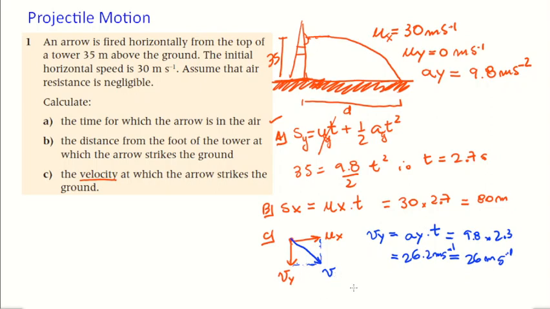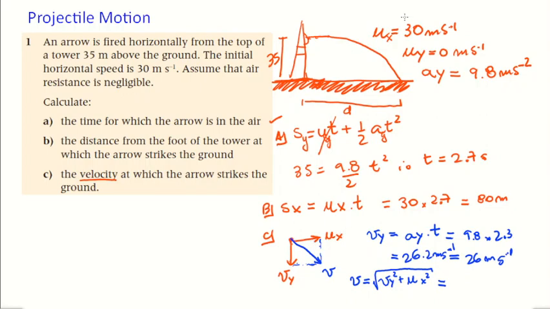For us to find the final vector, now we just need what? We just do vy squared plus ux squared and get the root of all of those. Pythagoras, right? We know ux, which is 30.